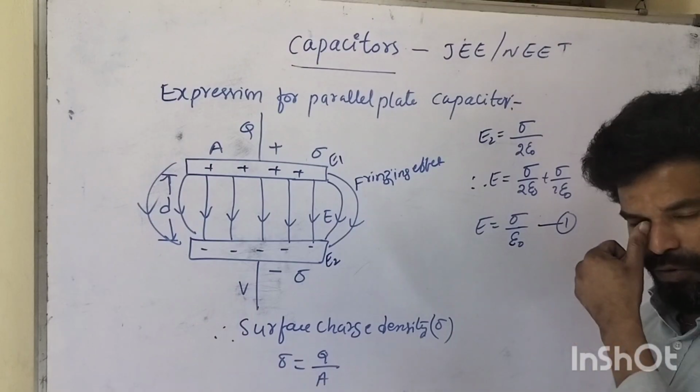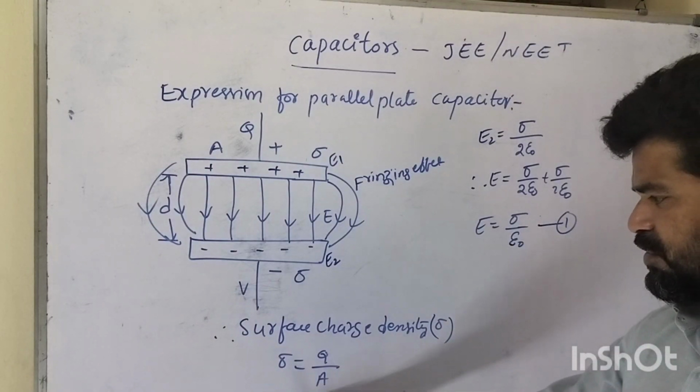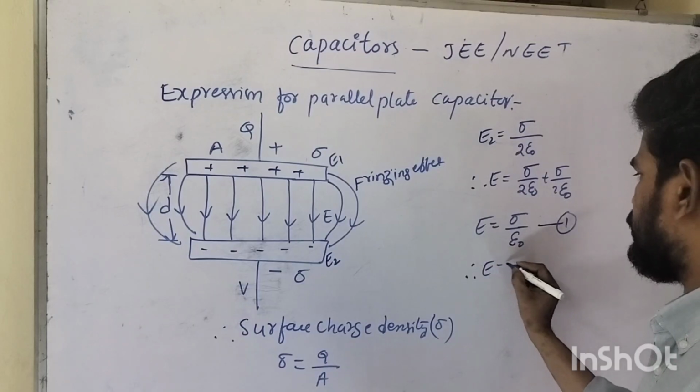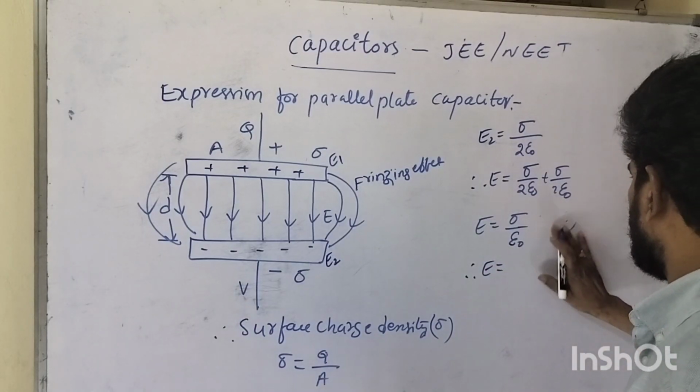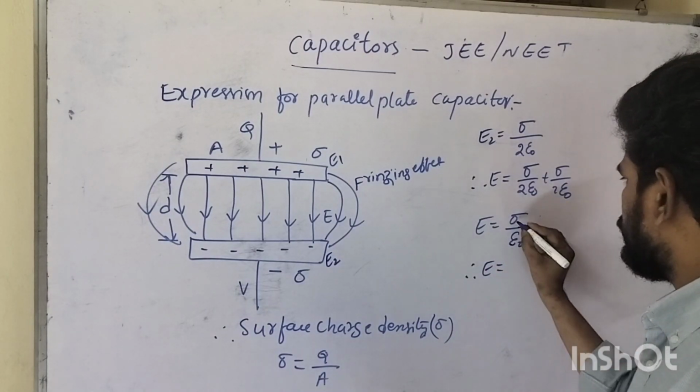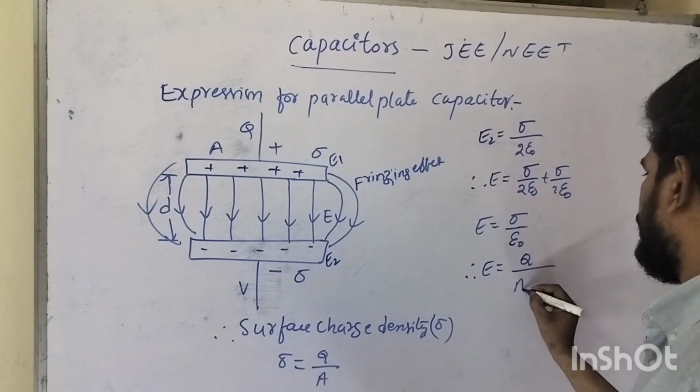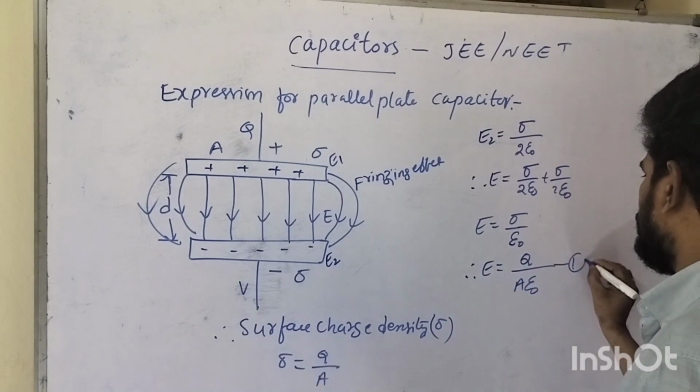Now what is the value of sigma? Sigma is equal to charge per unit area. This is equation 1.